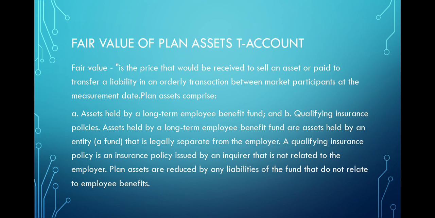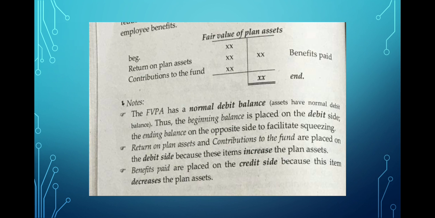Assets held by a long-term employee benefit fund are assets held by an entity, a fund, that is legally separate from the employer. A qualifying insurance policy is an insurance policy issued by an insurer that is not related to the employer. Plan assets are reduced by any liabilities of the fund that do not relate to employee benefits.